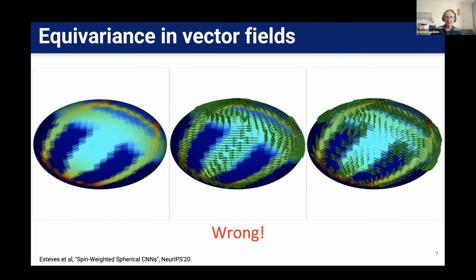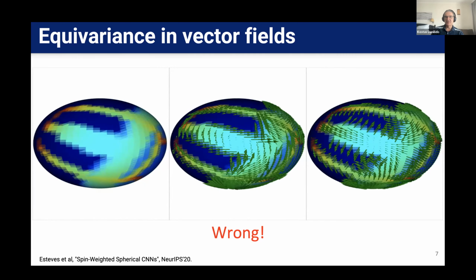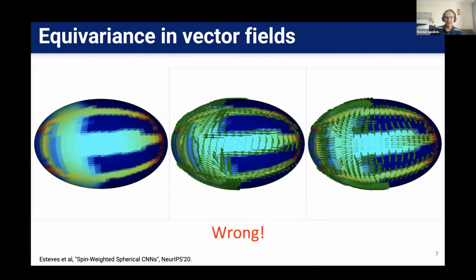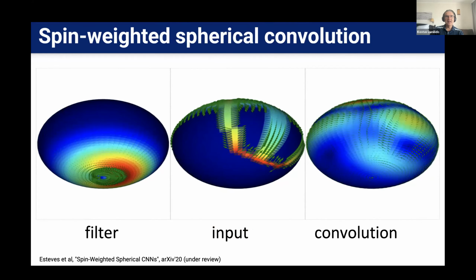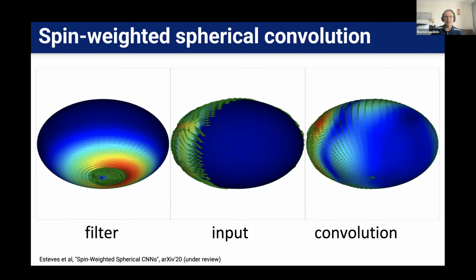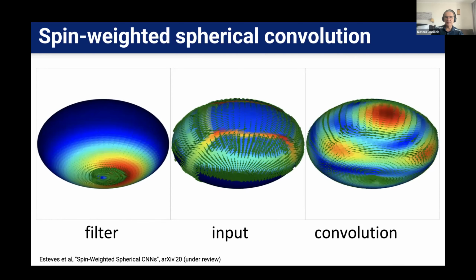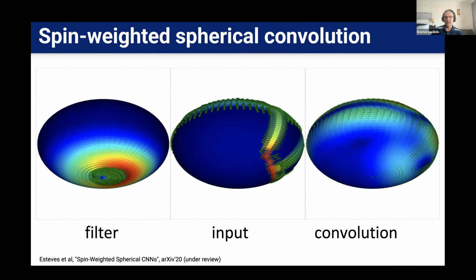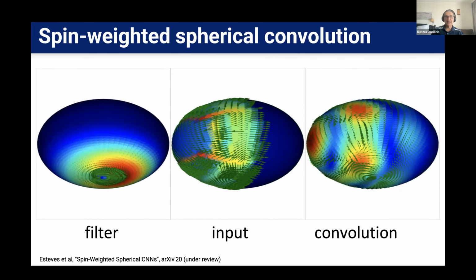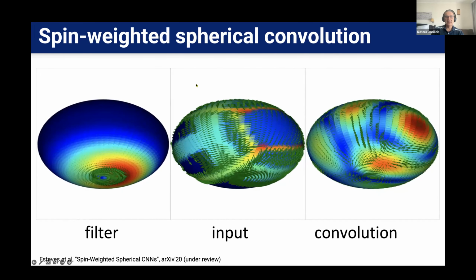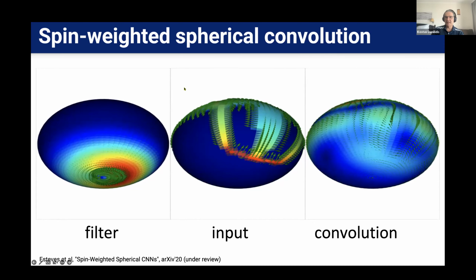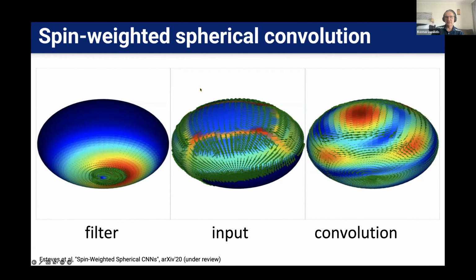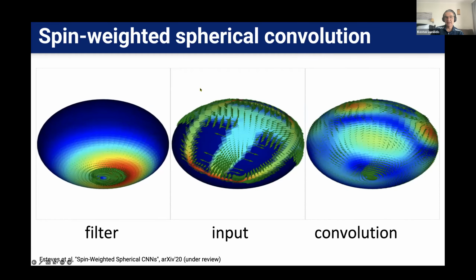Later this was generalized also to tensor field networks by Tess Smidt and her co-authors. In our work, we applied it to the very special case of the sphere, where we used the spin-weighted spherical harmonics. In that case, you see that the vectors are rotating beautifully together with the scalar spherical image.